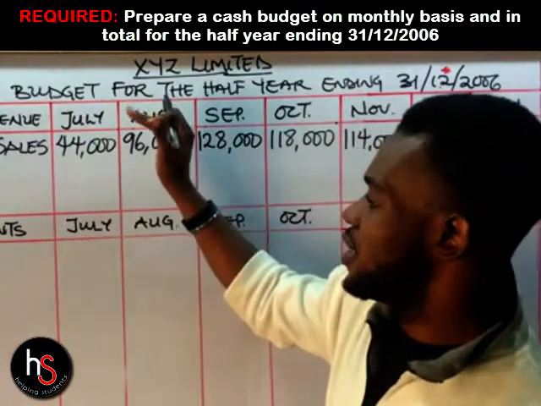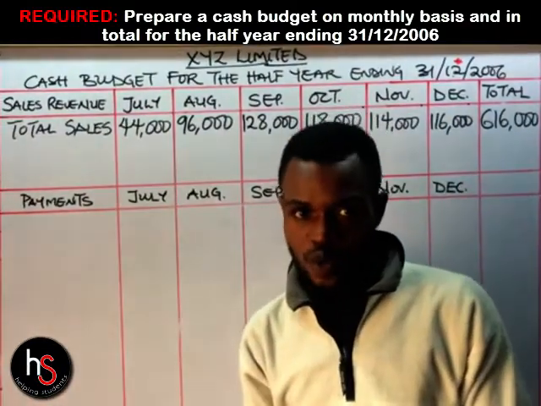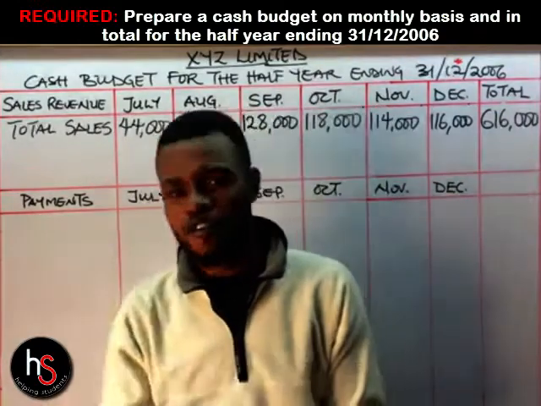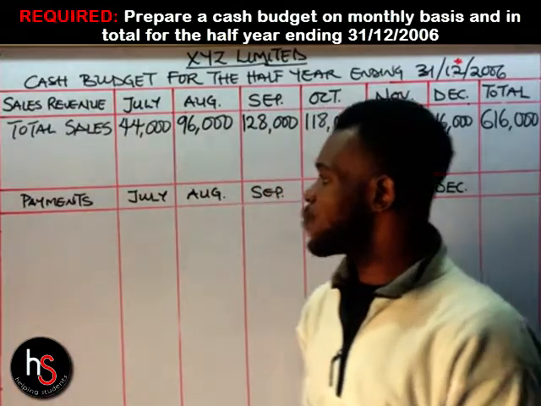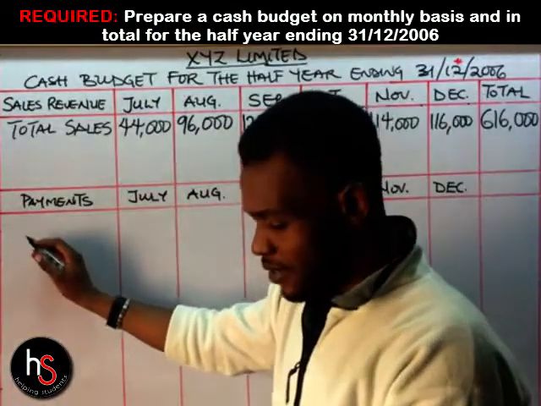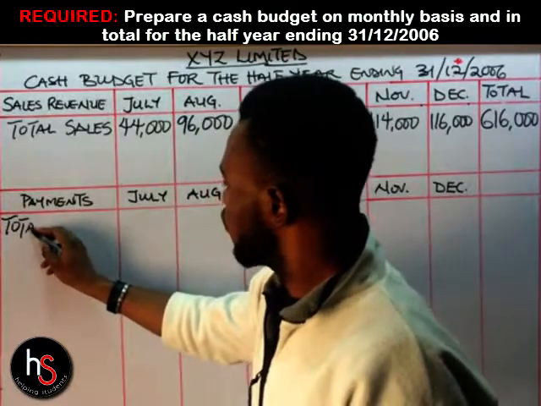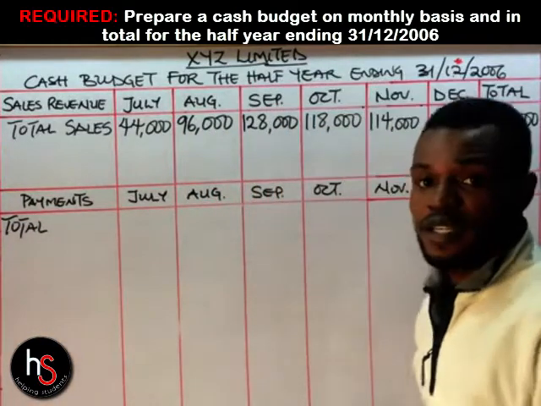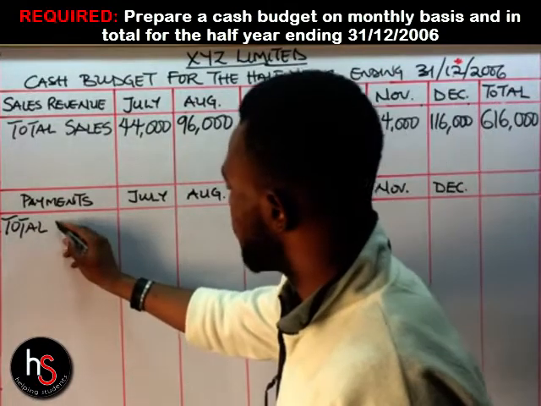So, we are done with this. Now, let's come over to payments. Meanwhile, go through the question one more time. You find out that we have more payments than sales. So, let us proceed. Under the total payments, we take from what we calculated when we solved the credit purchases and the cash purchases. So, the total purchases.